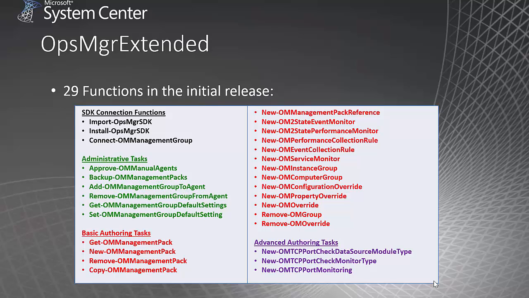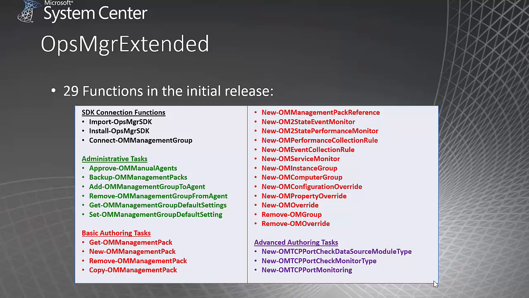So where am I at? I'm at the final testing phase. Everything is pretty much done. I just need to do some more testing and send it off to a few other SCOM MVPs to get them tested and reviewed. But in the initial release, I've included 29 functions in this module. I've categorized them into 4 parts.